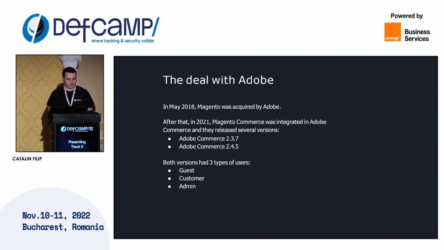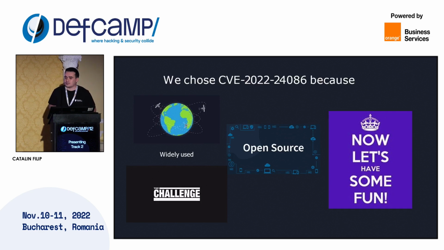They integrated that in their product, Adobe e-commerce, and they had several versions. And those versions allowed us to buy things as one of 3 user types: guests, administrators, or customer. Why we chose this? Because it's widely used, it's open source, and also it represents a challenge for us, and we said that we can make this happen.